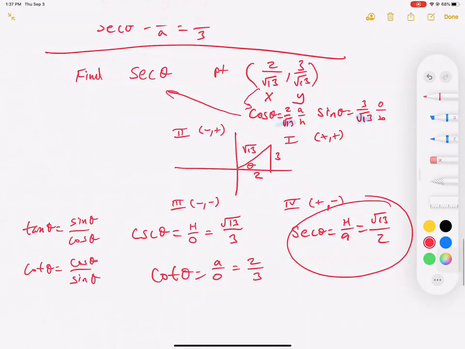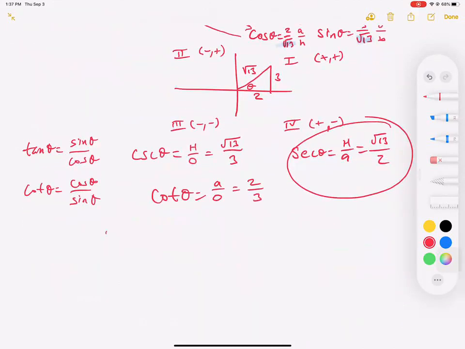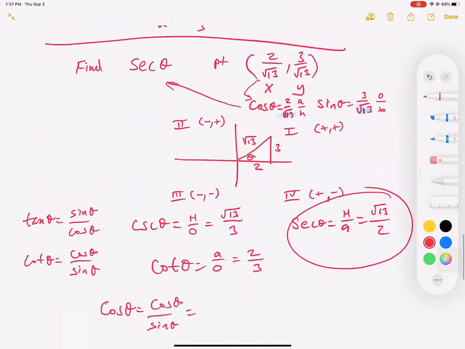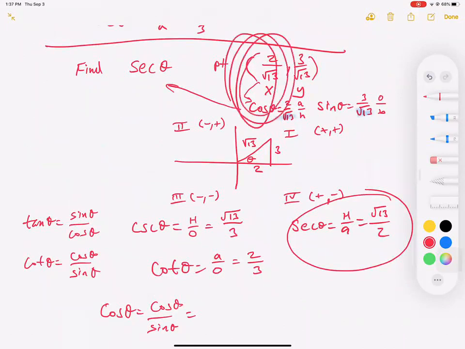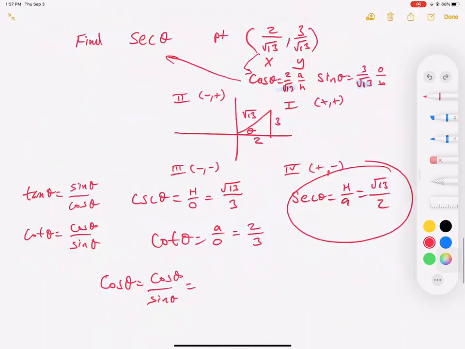So another fancy way of getting there, just kind of skipping ahead, the cotangent of theta, we said was cosine theta over sine of theta. Hey, this is cosine and this is sine. So we write 2 over square root of 13 divided by 3 over square root of 13.